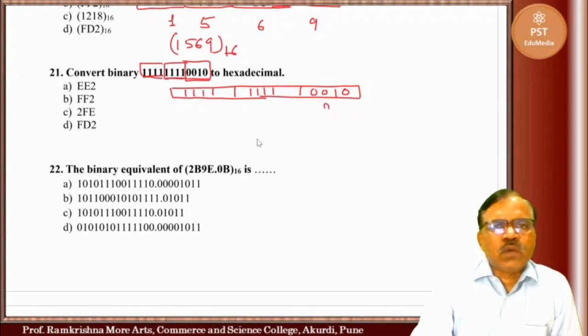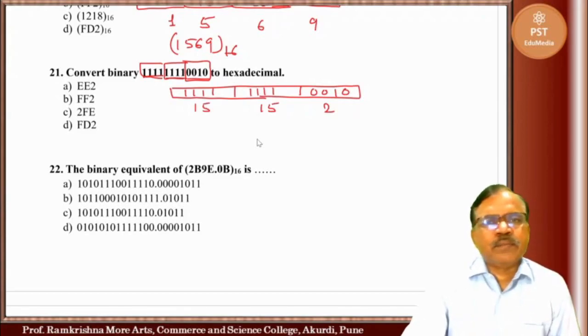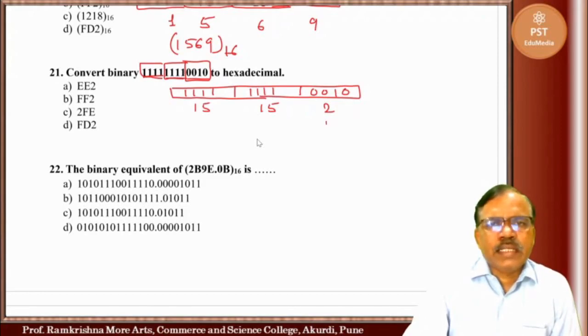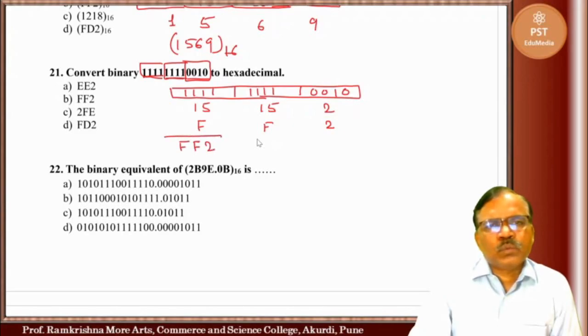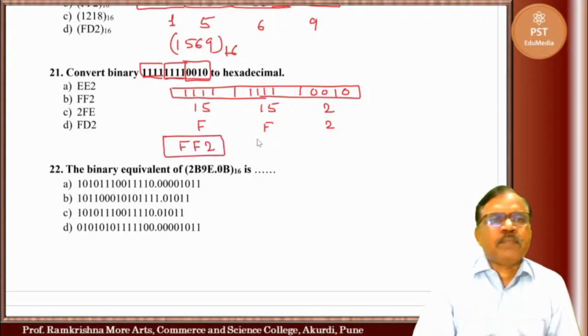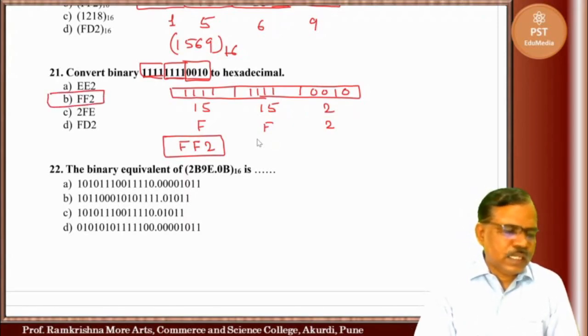Now this is equivalent decimal 2, this is equivalent decimal 15, this is equivalent decimal 15. Now in hexadecimal, this is 2, this is F and this is F. So we'll get FF2. So this one is correct.